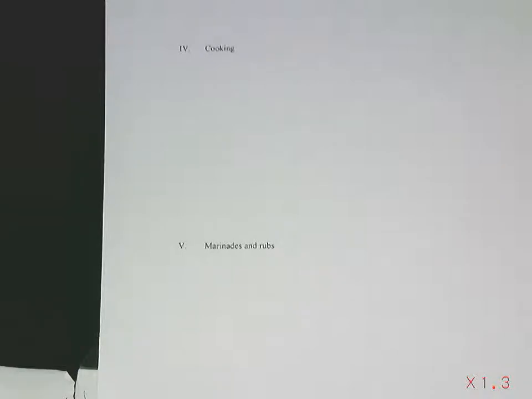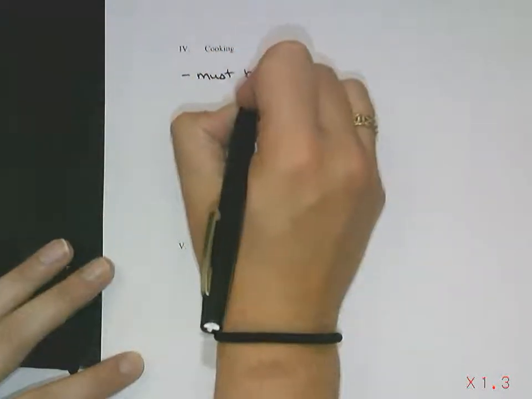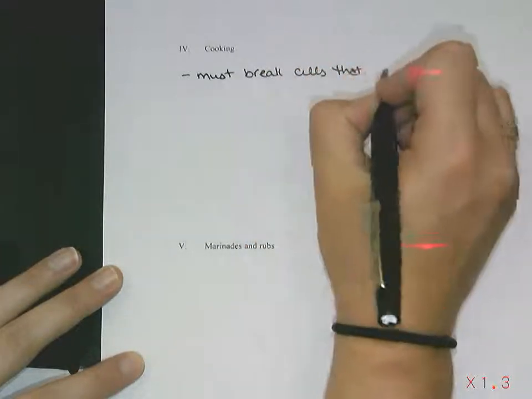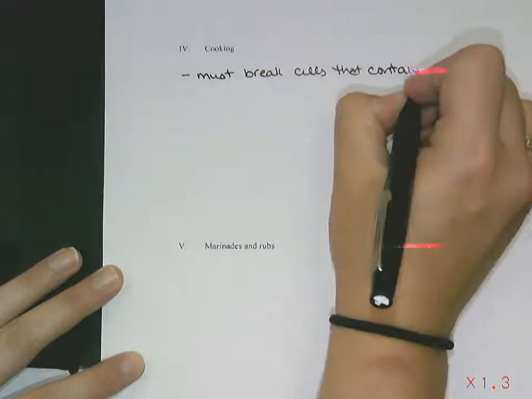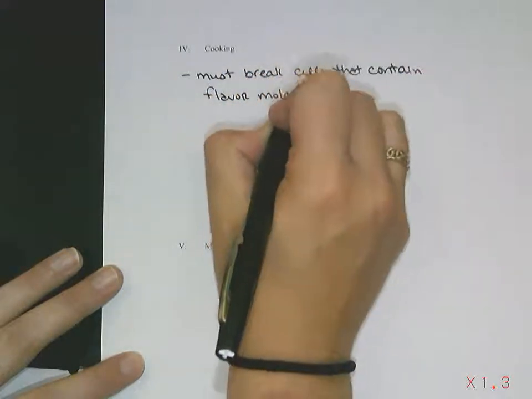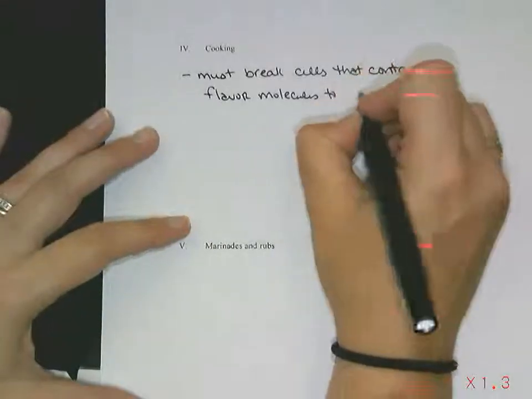You have to figure out some way to squish the cells that contain the molecule to release it to the rest of the food. So you must break the cells that contain the molecules to release the flavor.